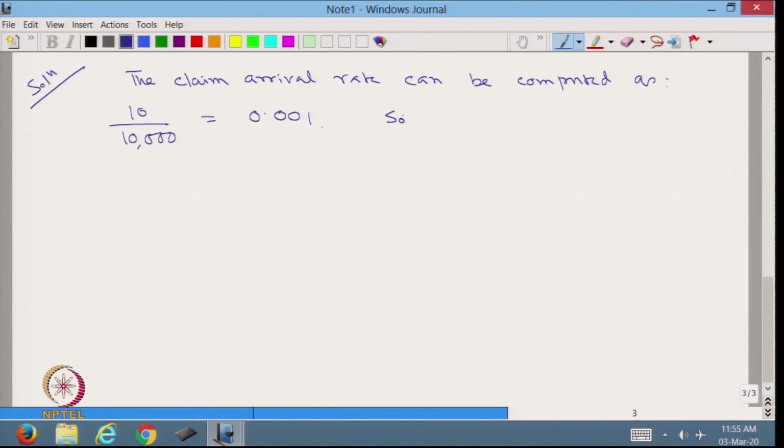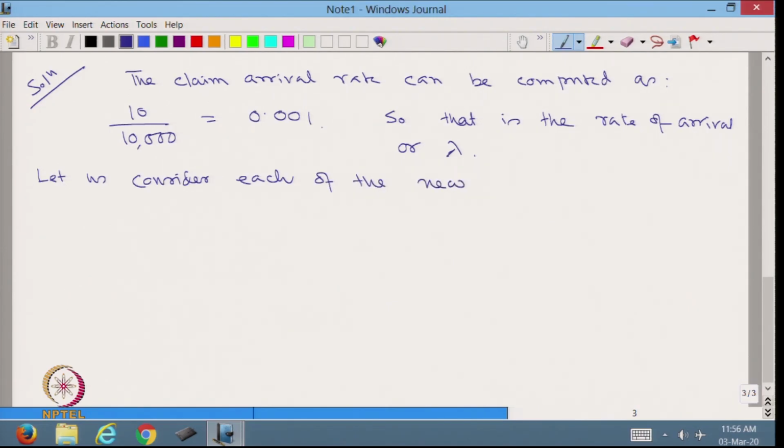So, that is the rate of arrival, or lambda. Let us consider each of the new insurance policies to be one arrival.